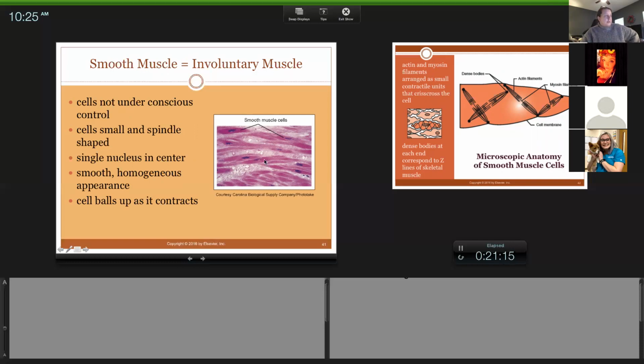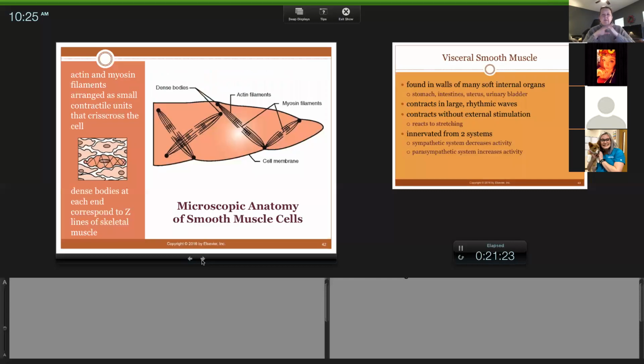They have a nucleus in the center. They're homogeneous, but what they do, these muscles ball up. And the reason they do that is, here's a muscle cell, and then we are going to have actin and myosin filaments, but instead of being like this and going like this, they are in an X formation, okay?